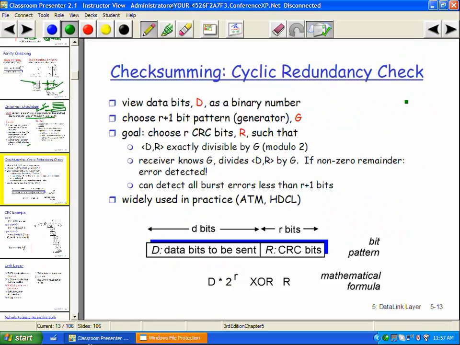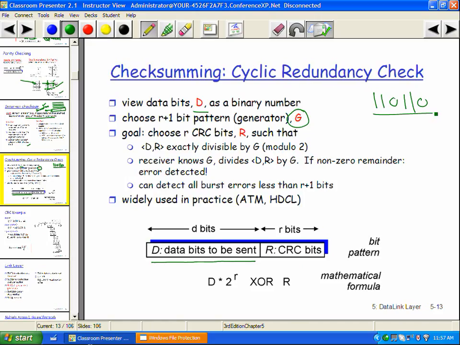Think of data as D bits as a binary number. Fair enough. So this is your data, and these are the so-called CRC bits. Choose a pattern generator. So there's a magic here. G is another binary number that you pick for a particular scheme. Okay, so let's not worry about where the G comes from.